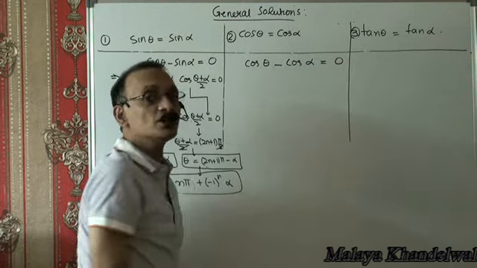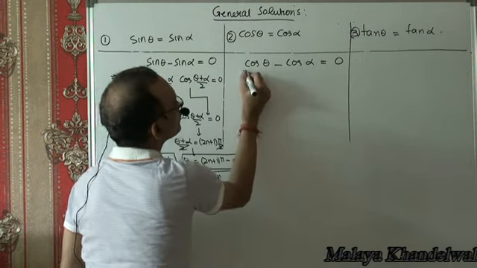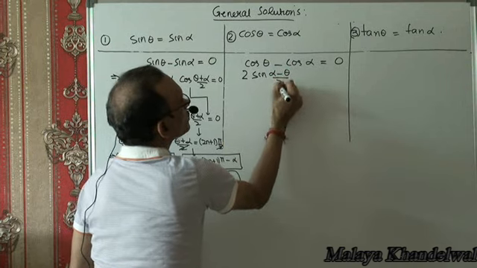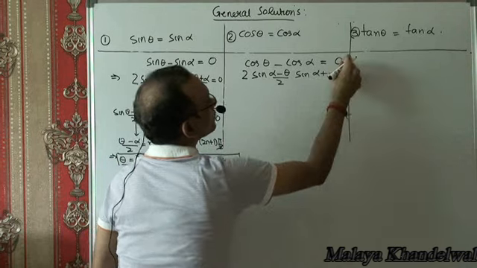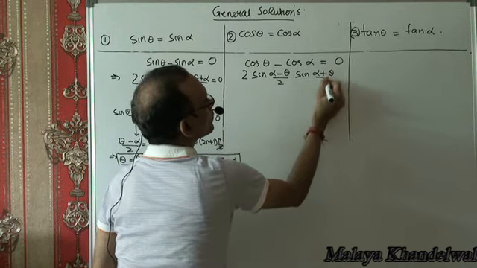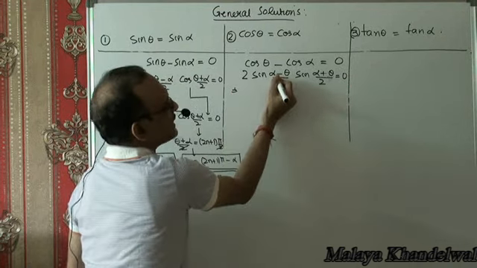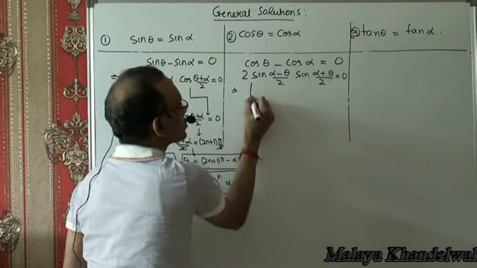Cos c minus cos d is minus 2 sine of (c plus d) by 2 sine of (d minus c) by 2, which is 0. Which in turn gives me, if sine of (alpha minus theta) by 2 is 0, sine of (theta minus alpha) by 2 will also be 0, right?